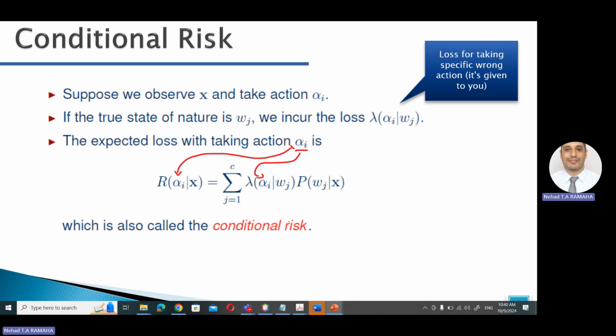Okay, so what's the risk now? When we take into consideration more than one feature, this vector of features, and we take the action here, what does this mean? The loss for taking a specific wrong action with a specific class. For example, class salmon fish, and it was the wrong action.